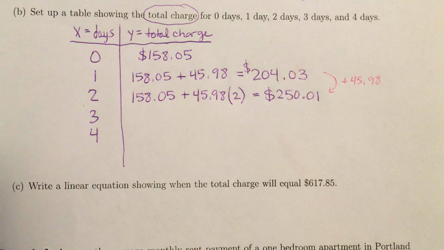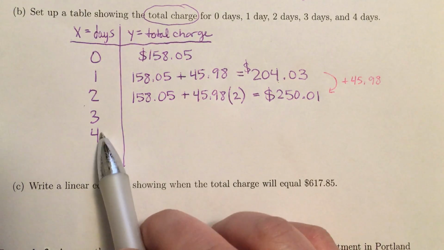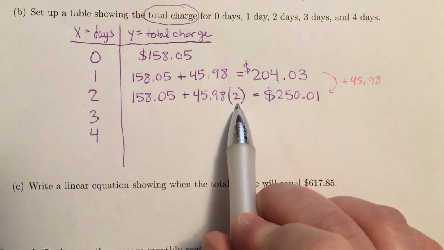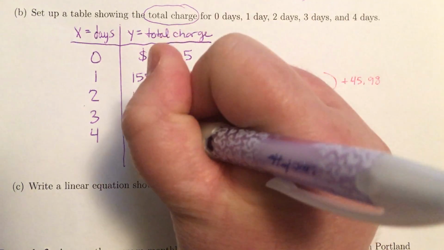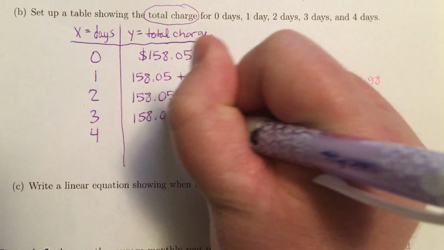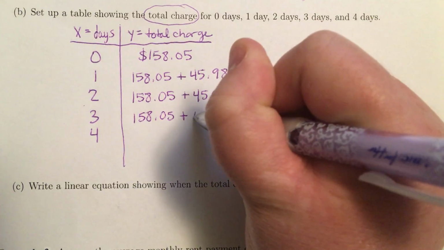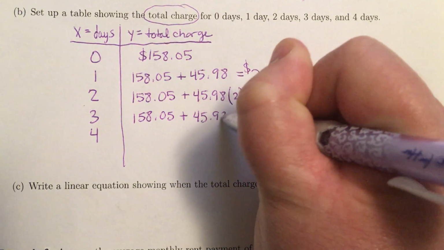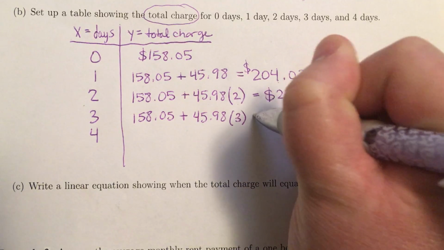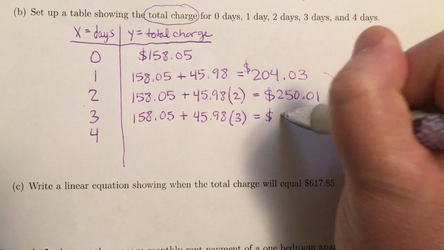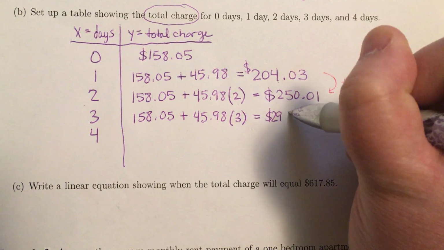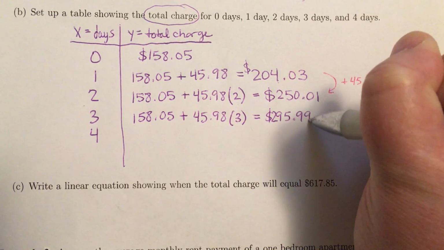That's our goal too. So the only thing that should change for 3 days is that I'm going to replace the 2 with the daily charge with a 3. So the $158.05 stays put, but now the daily charge we multiply by 3 days. And when this goes in a calculator, we get $295.99.